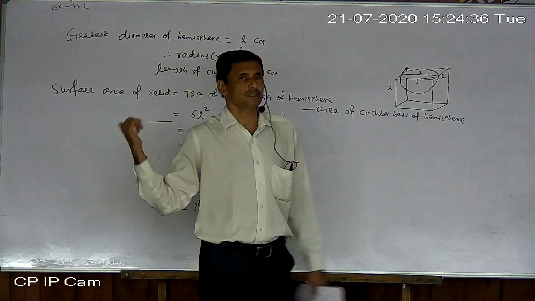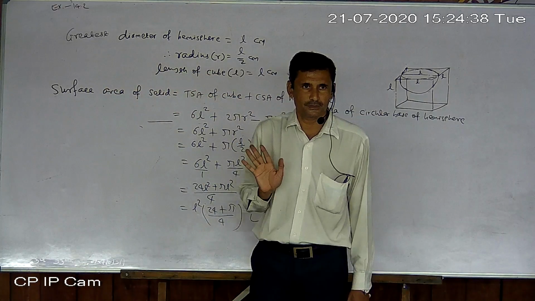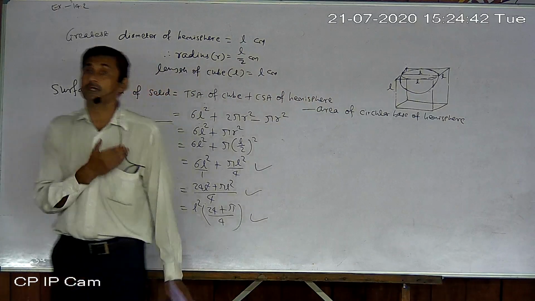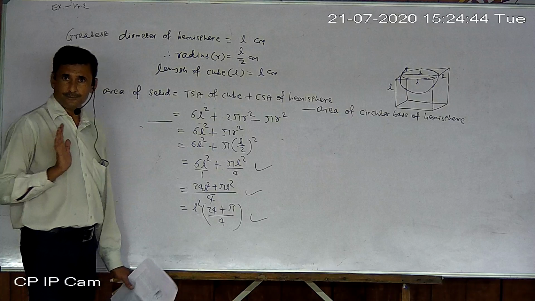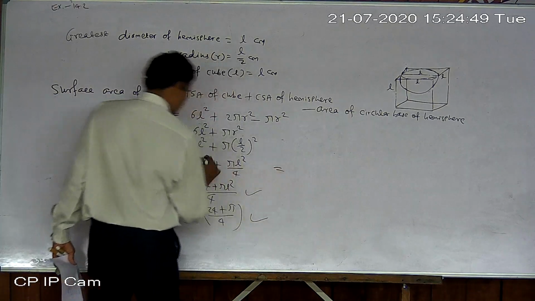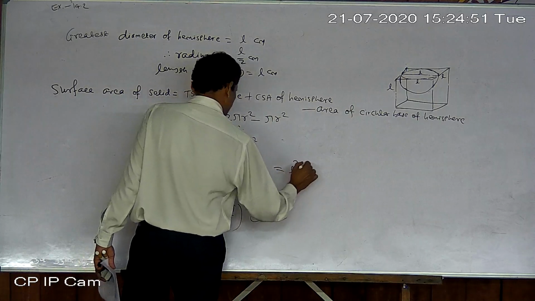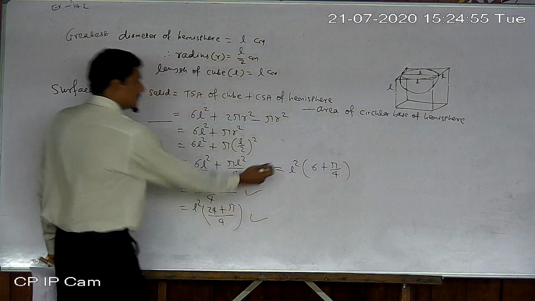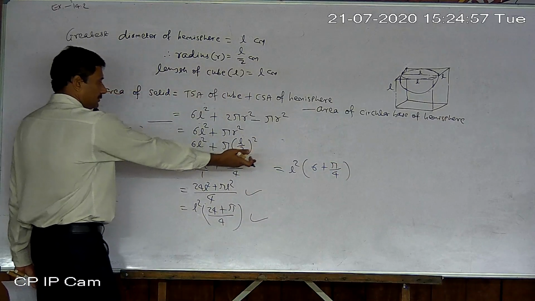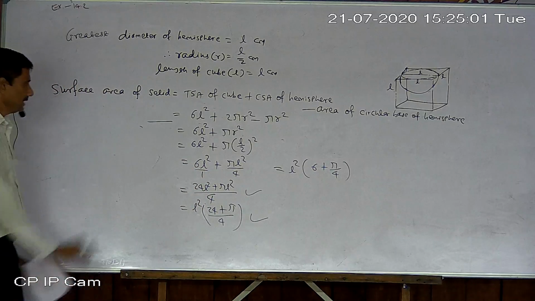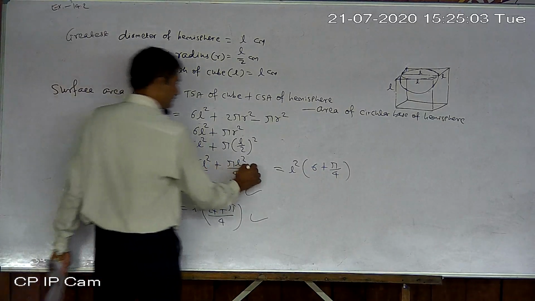And if the appearance of the answer is different, don't get confused. The answer is the same only. Don't think that the answer is wrong. Otherwise they can give the answer that way also. Here they take common L square, so that 6 plus pi by 4 is left. So if you get this type of answer on the last page, don't think our sum is wrong. Okay. Anyway, you can give the answer.